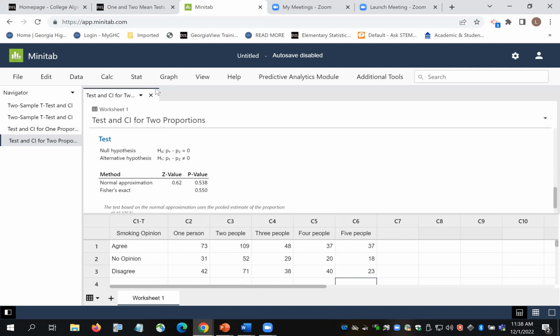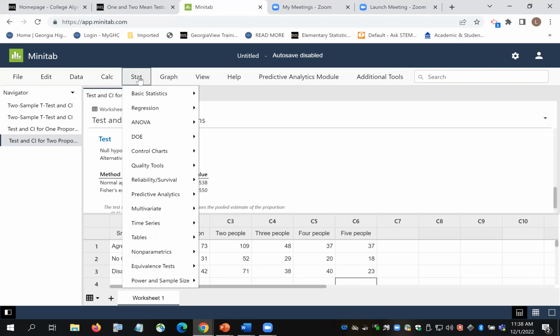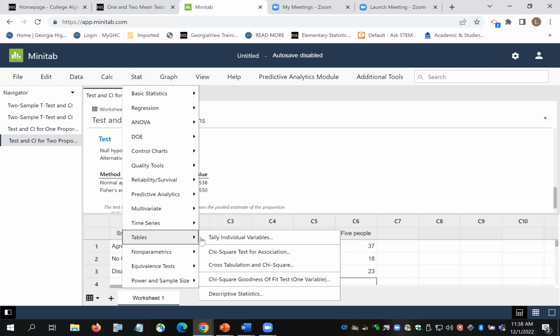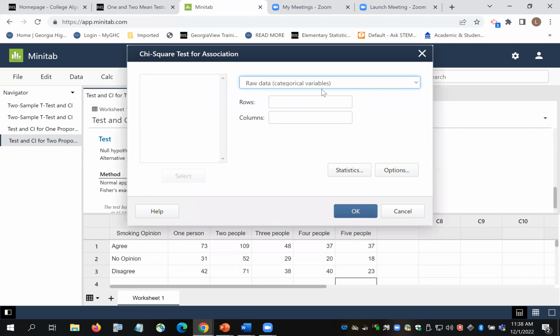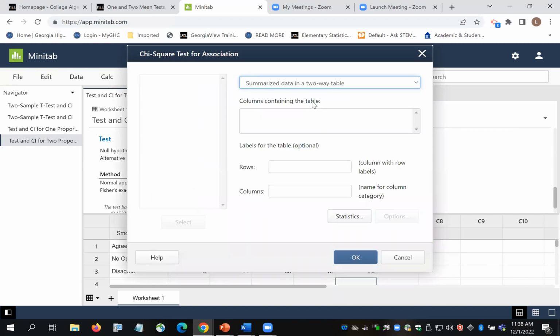So I've got my two-way contingency table entered. Here's how you do test of independence. Stat, tables, chi-square, test for association. I have summarized data in a two-way table. The columns represent the household size.